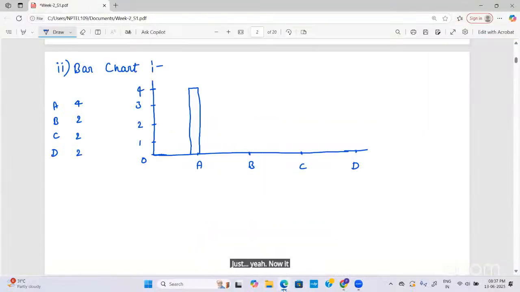Ma'am, can you rejoin yourself? Yes, now I'm presenting my screen. Wait a minute. I will present my screen. Now it's visible.